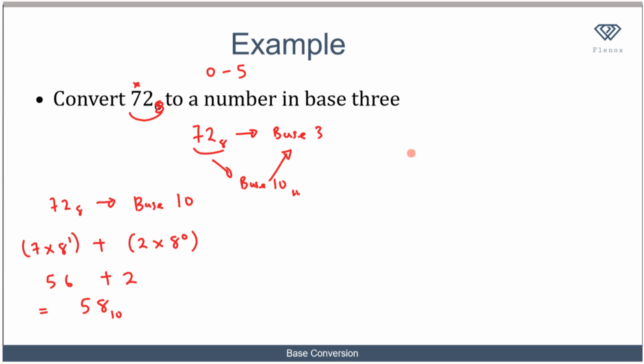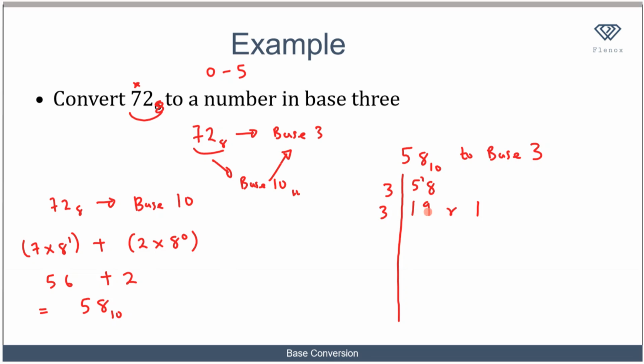So the second step is to convert from 58 in base 10 now to base 3. And how do I do that? If you remember, I use the long division. So I have 58 divided by 3. So 3 into 5 goes 1, I have 2. 3 into 28 will give me 9, and the remainder is what? 1.